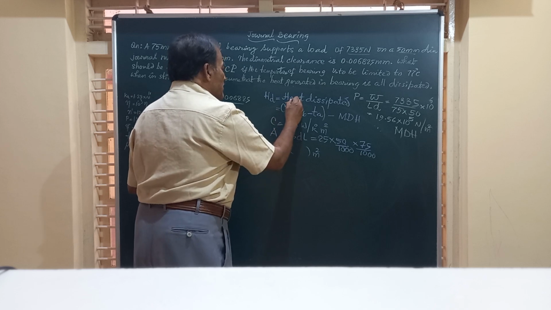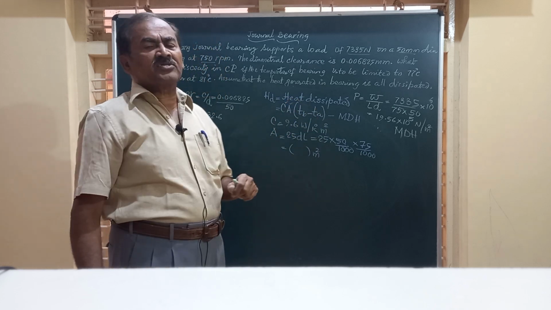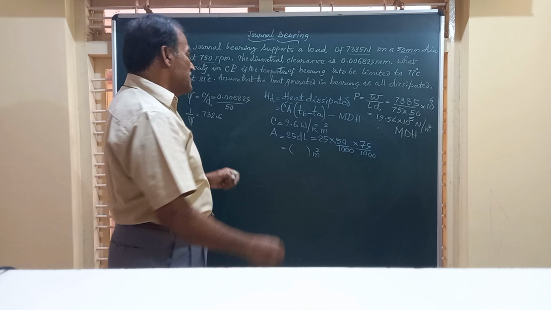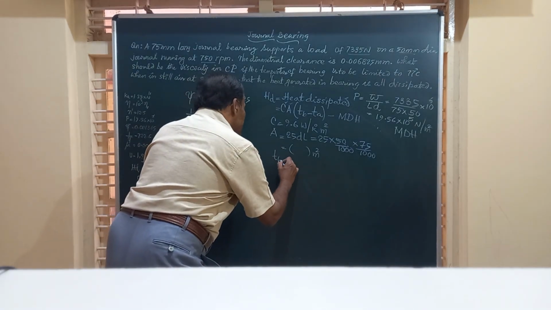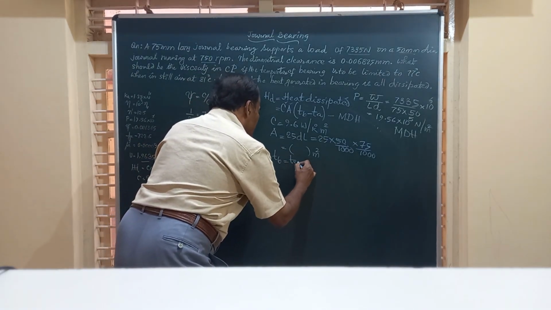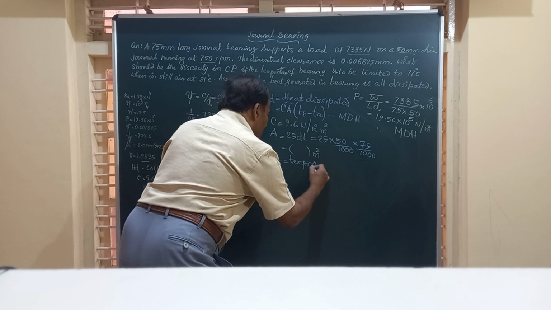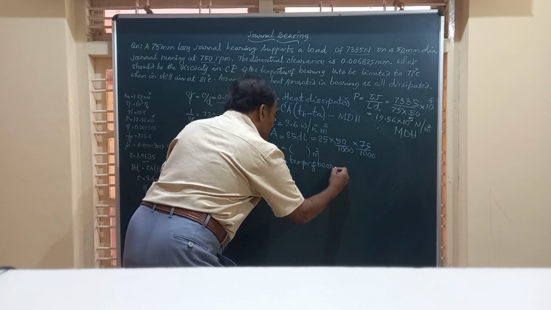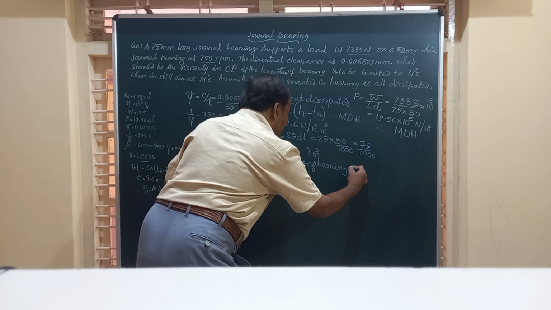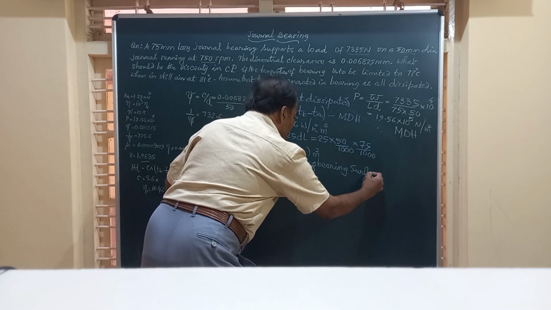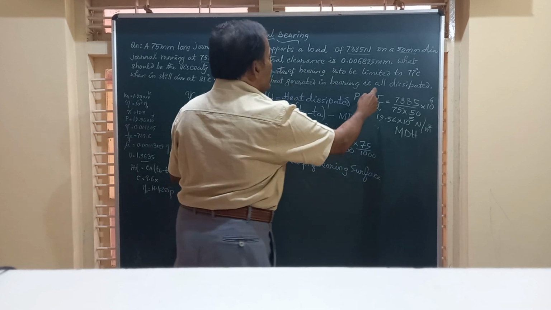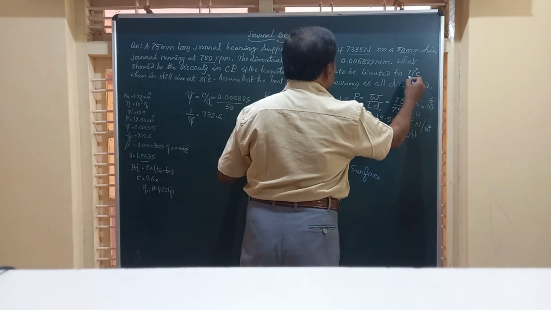C is known, and TB and TA. What are these? TB stands for the temperature of the bearing surface. Friends, this value is given to be 77 degrees.